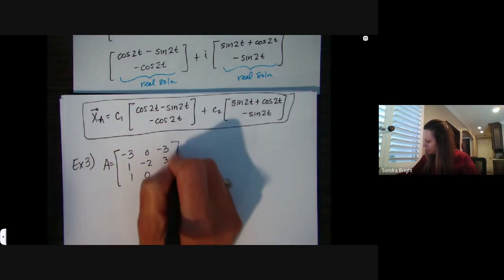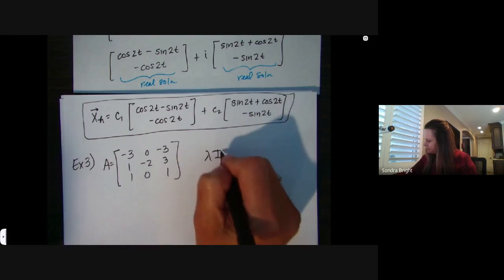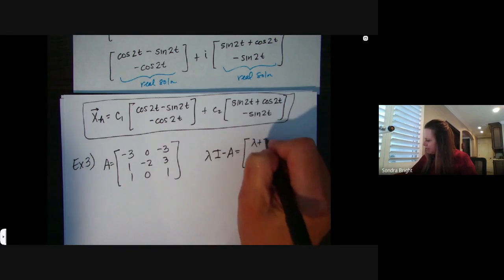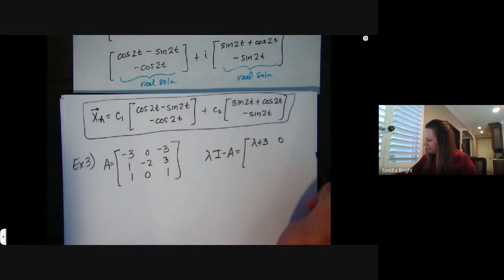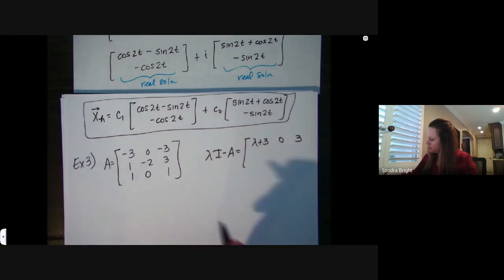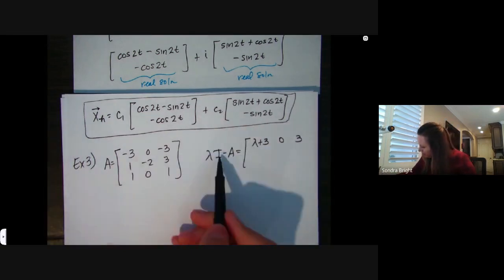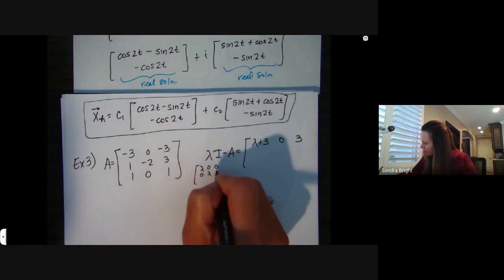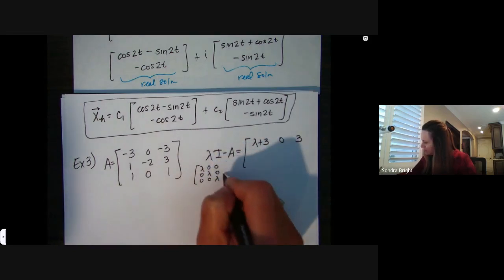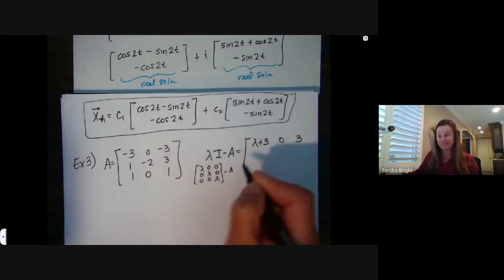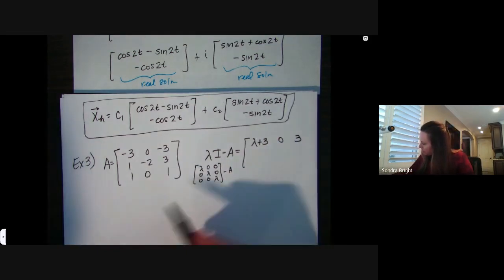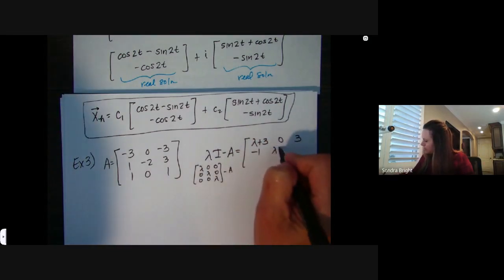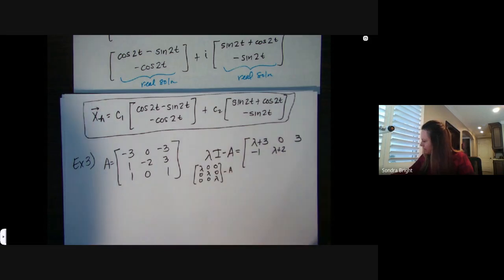All right, so start off with your lambda I minus A, which would be lambda plus 3, 0 minus 0, 0 minus -3. Row 2 would be this. It would be lambda 0, 0, 0, lambda 0, 0, 0, lambda, and then minus this matrix A. So we got 0 minus 1, lambda minus -2, which gives me a lambda plus 2, 0 minus 3.